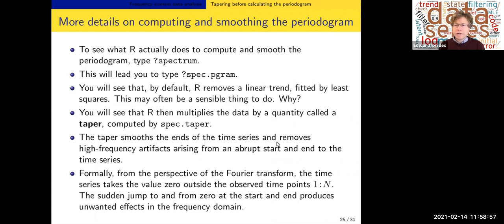So you could have a really sharp edge in the time domain at the ends of the time series. A sharp edge in the time domain corresponds to nasty high frequency artifacts in the frequency domain, which we want to get rid of. And we do that by smoothing the end of the time series with a taper. Essentially, it throws away some of the data, but it turns out to be worth doing to avoid frequency domain artifacts.